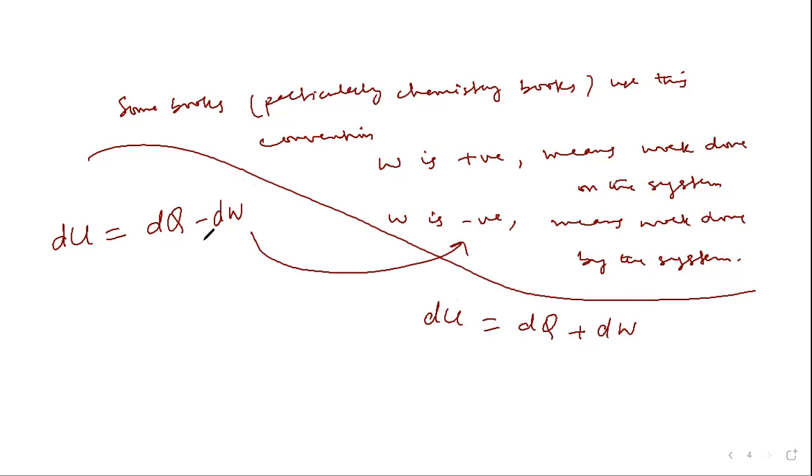In my convention, negative work means work done on the system. Here positive heat means heat put in the system.